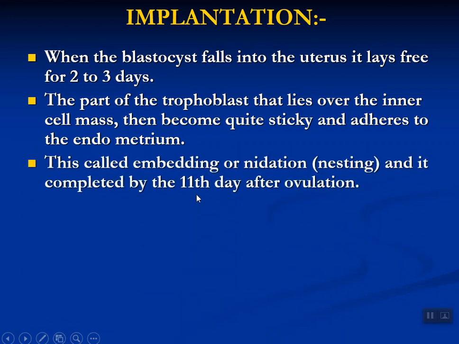This is called embedding, nidation or implantation, and it is completed by the 11th day after ovulation. During the embryological period, the zygote is free, and implantation is completed by the 11th day after ovulation.